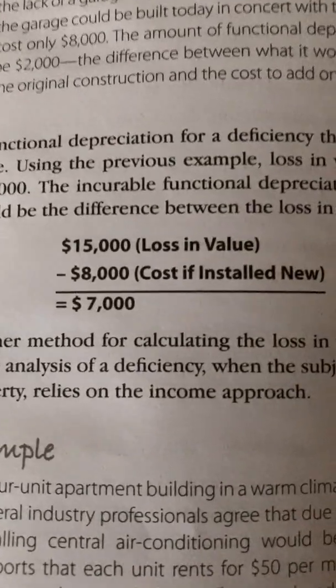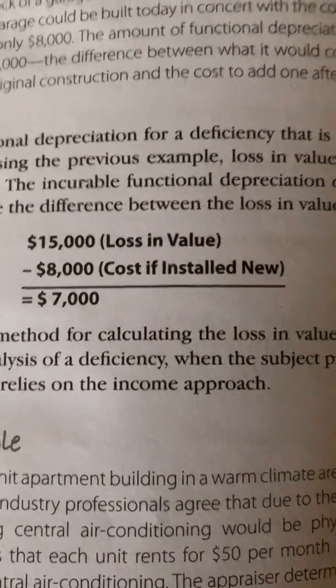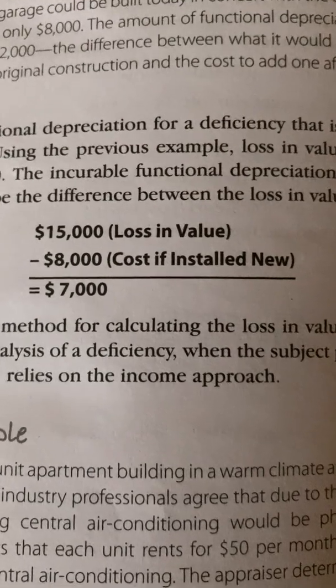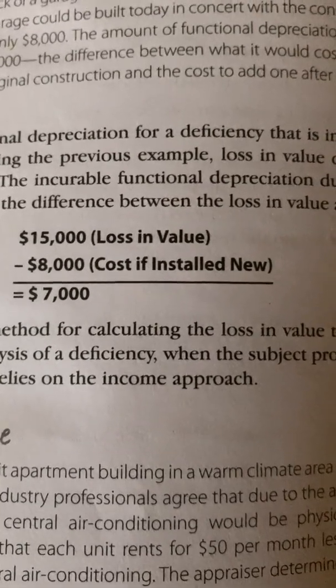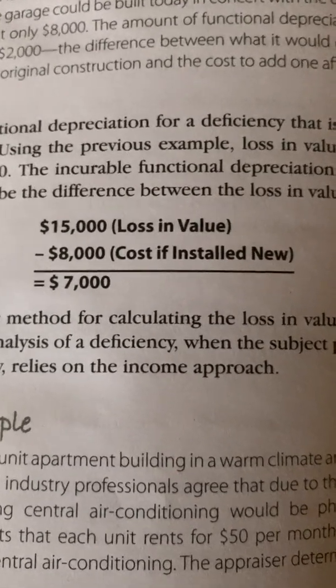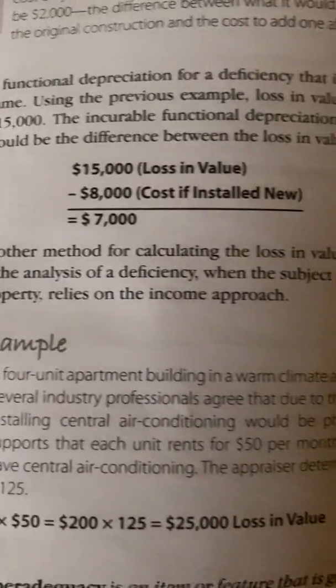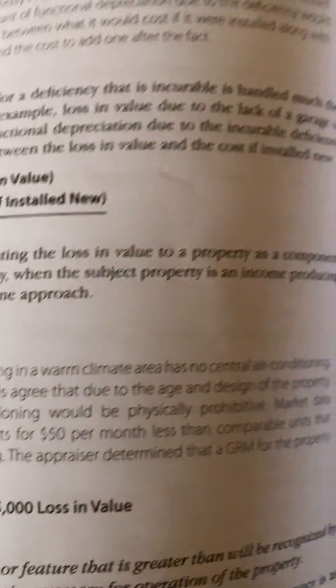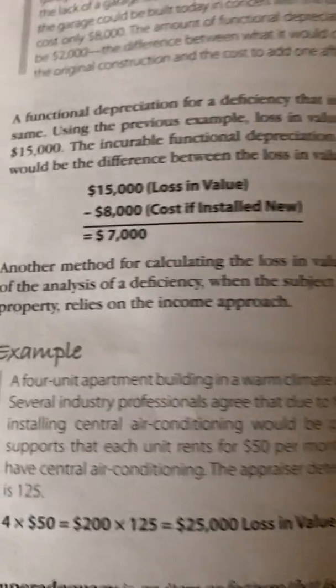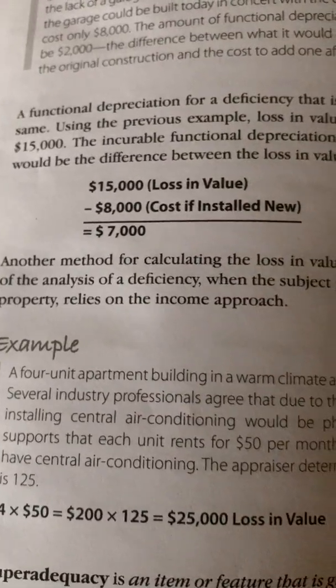Here's the formula: $15,000 loss in value minus $8,000 cost if installed new equals $7,000.